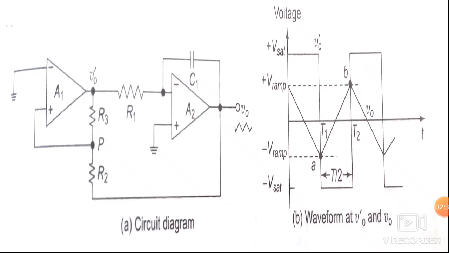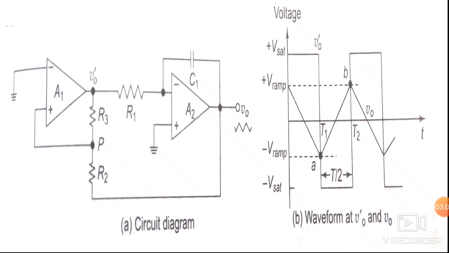As we know, the output of an operational amplifier switches when VID, the voltage difference between the non-inverting terminal and inverting terminal, changes. If VID is greater than 0, output will be plus Vsat, and if VID is less than 0, output will be minus Vsat.